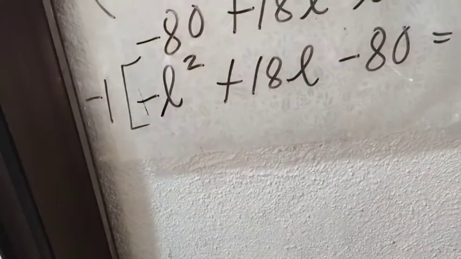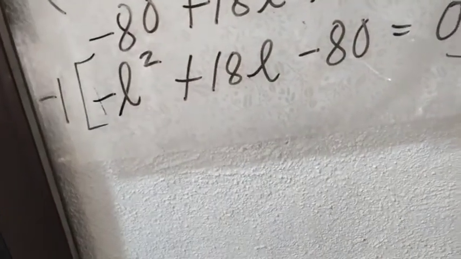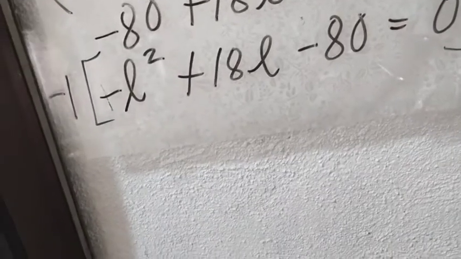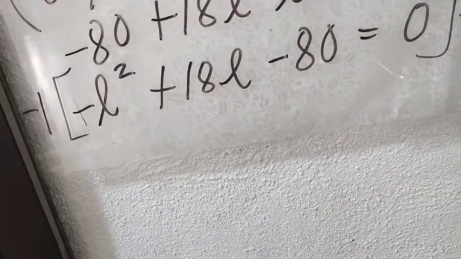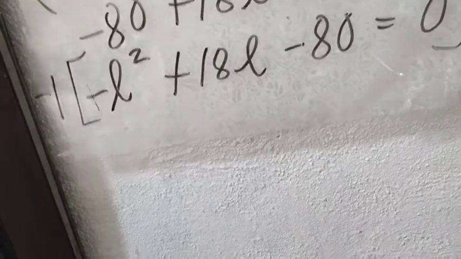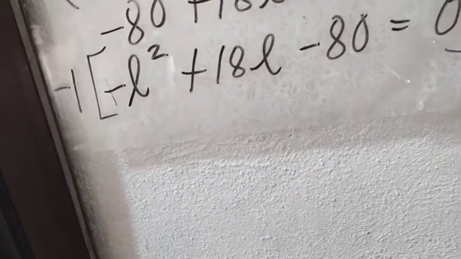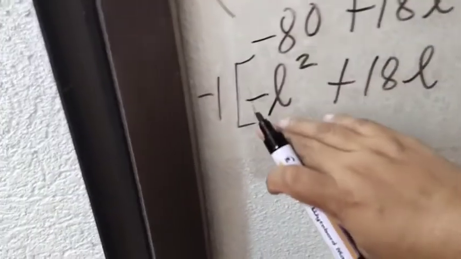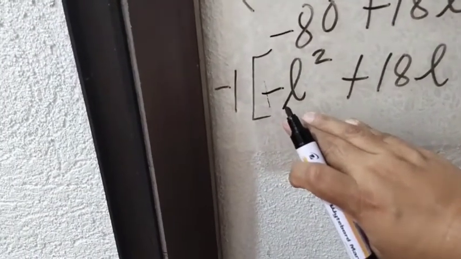So, bakit si negative 1 ang ating pwede lang gamitin? Kasi nga, siya ay identity property ng multiplication, ang 1, because 1 does not affect any value when you multiply it by the other number. So, any number multiplied by 1 is itself. Kaya, si negative 1 lang yung allowed na pwedeng i-multiply to make the numerical coefficient positive.